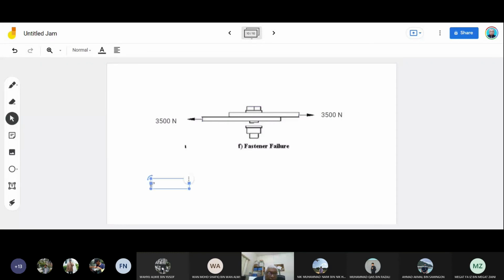So we can say rivet shear, single shear, because there is no other plate, just two plates together. Stress equals load divided by the shear area of the rivet.